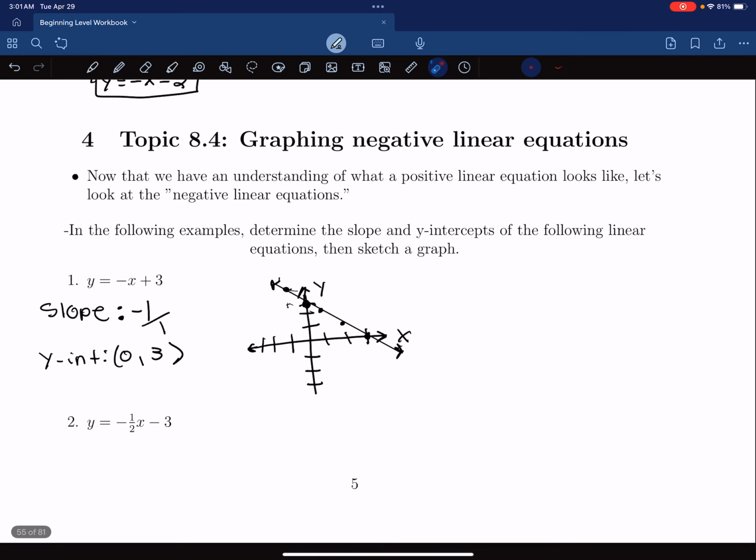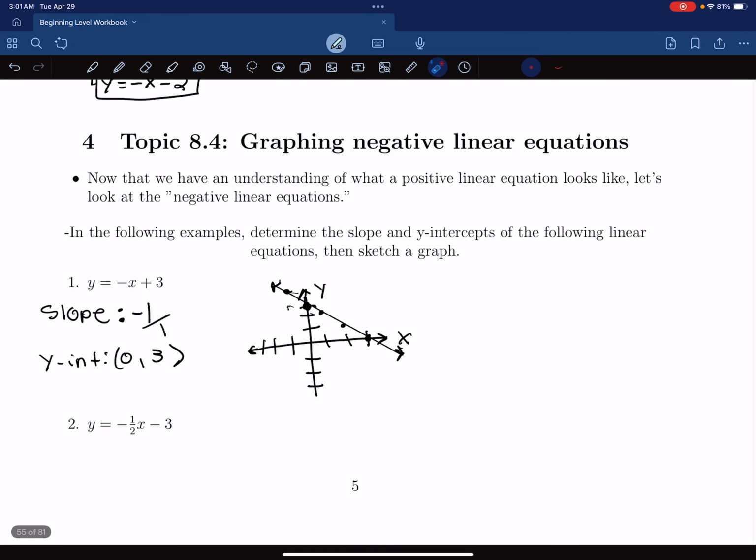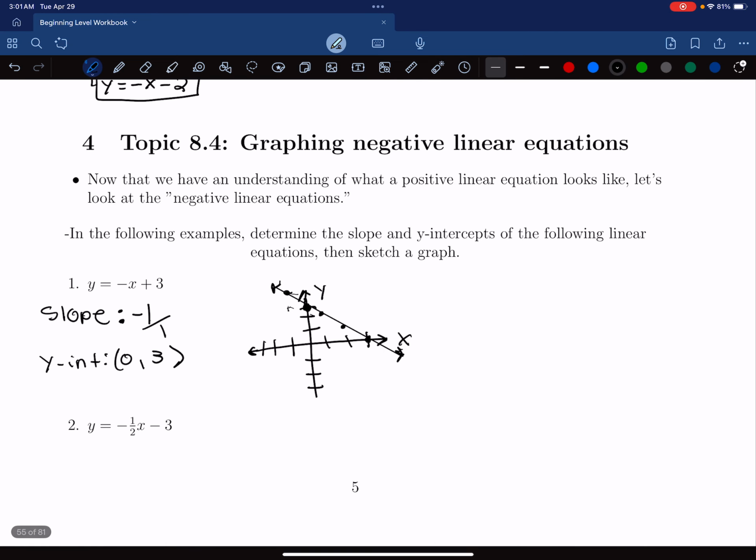So all negative linear equations will always be going in this kind of direction. Now they might be more steep where they go like this, or they might be more flat and go like this, but they're always going in this direction. Always.